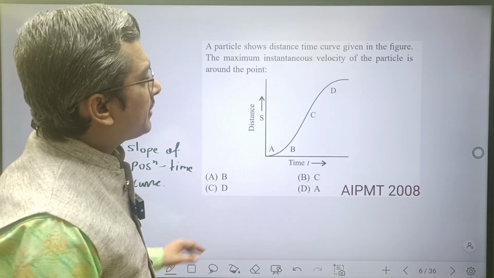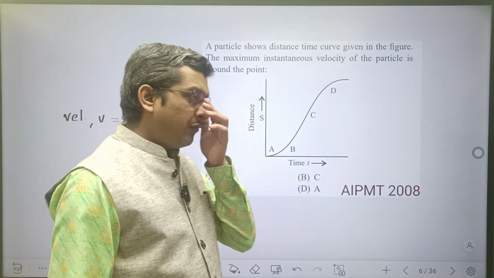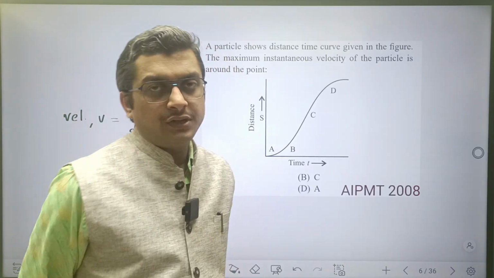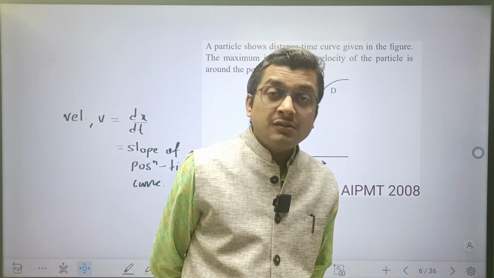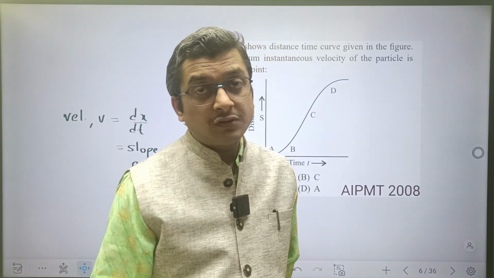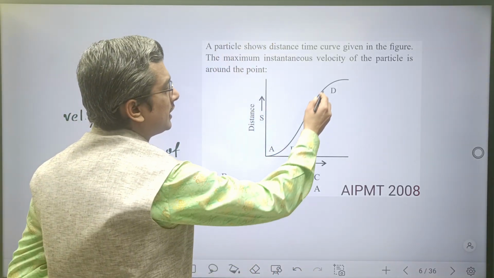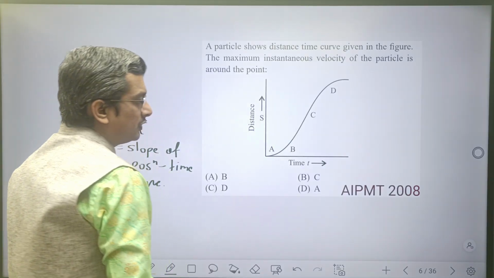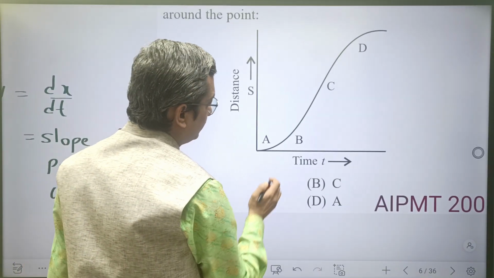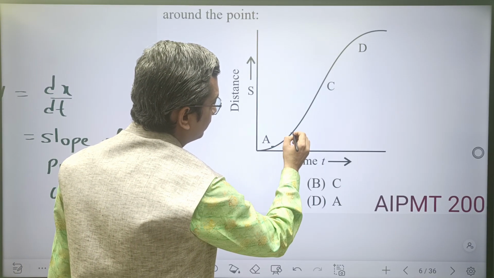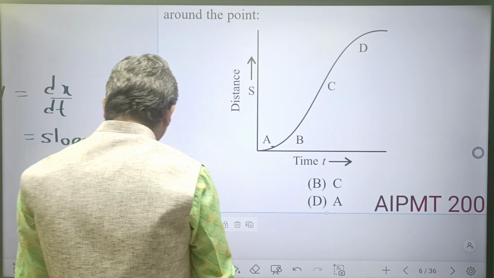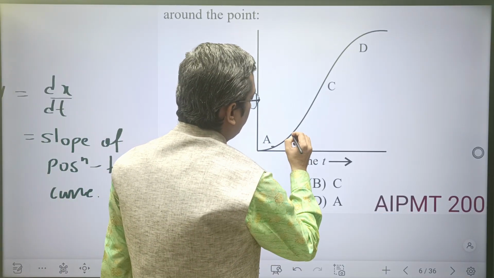We have to find the maximum instantaneous velocity. So the velocity will be maximum where the slope is maximum. So out of the regions A, B, C and D, observe carefully, the slope is maximum at, somewhere here. You have to find theta.